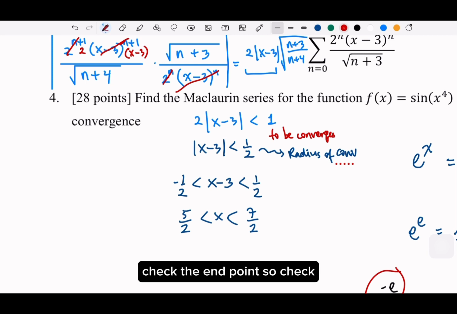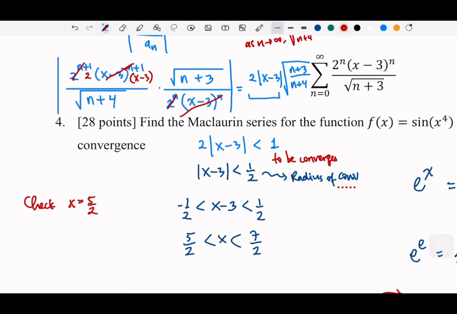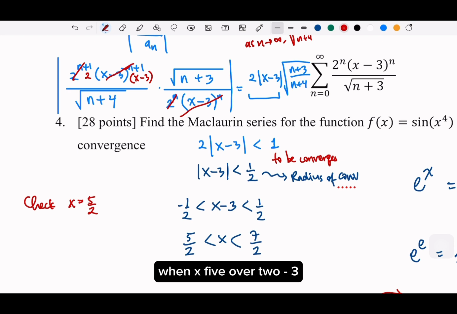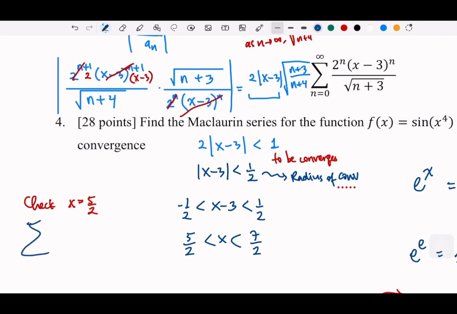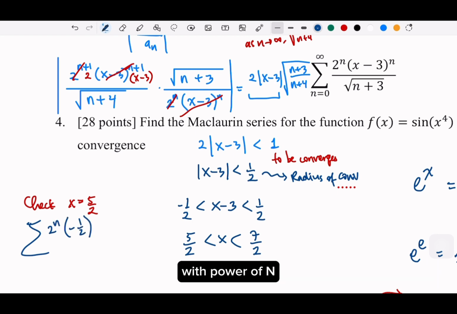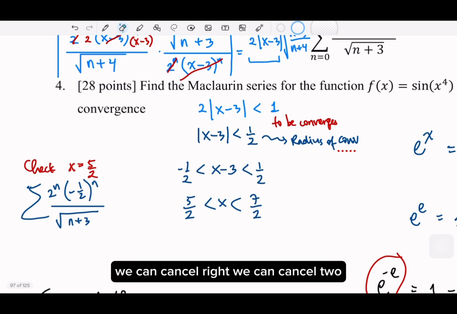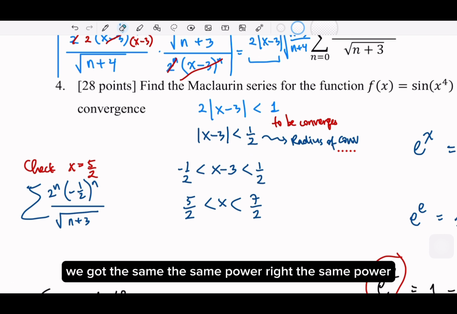Check the endpoint, x equals 5 over 2. When x is 5 over 2, x minus 3 is minus 1 over 2. So you have 2 to the power of n, and then minus 1 over 2 to the power of n. We can cancel the 2 because it's the same power.